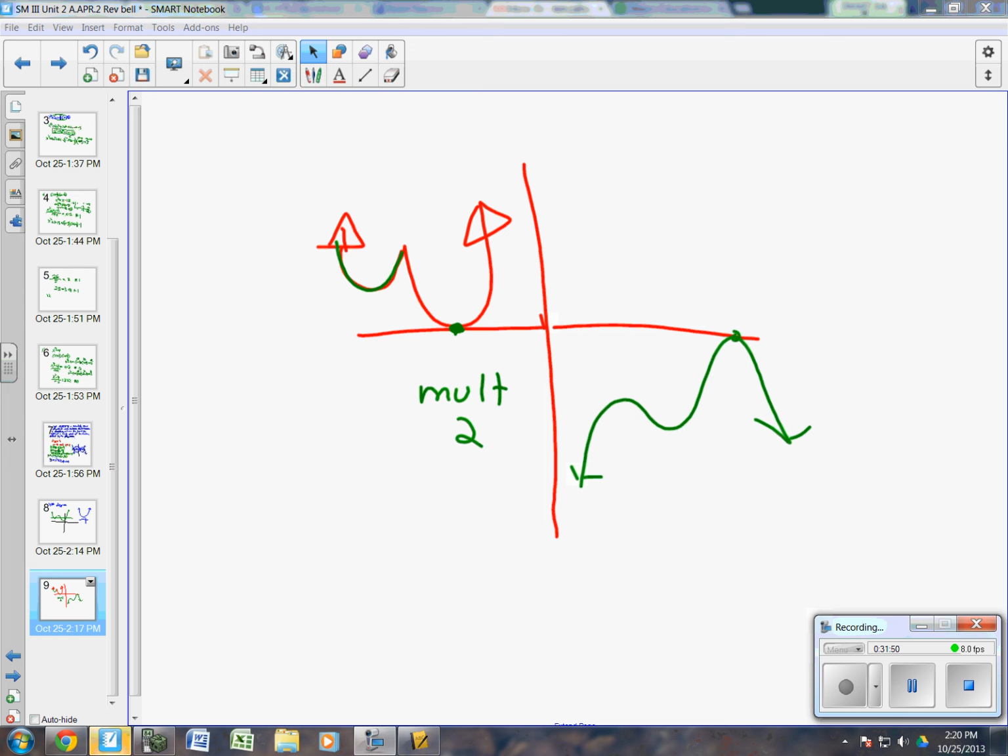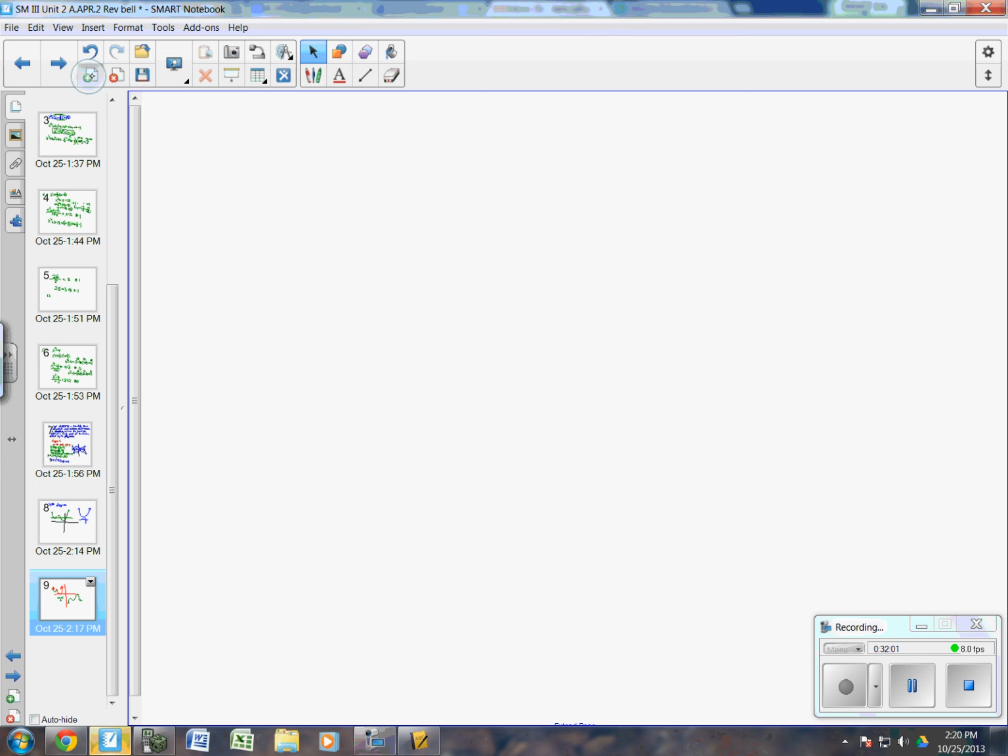Okay, next one. Same thing, polynomial degree 4 with two real roots. What would that look like? There's several different ways you can do this one. Two real roots.